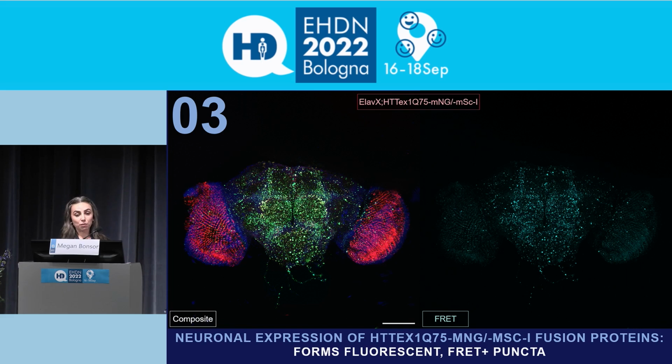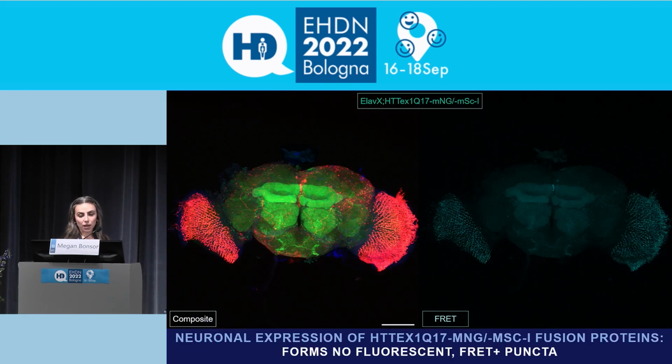And we could confirm that in our Q75 expressing flies, we saw a FRET-positive fluorescent puncta. Conversely, in our Q17 expressing flies, this is the brain of the fly, we did not see these fluorescent FRET-positive puncta. So this was kind of giving us the idea that maybe our proteins are aggregating as we hoped.